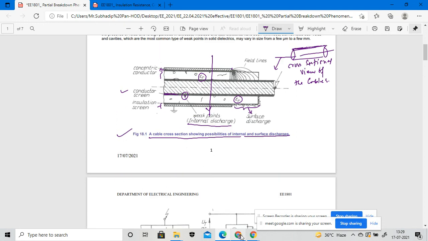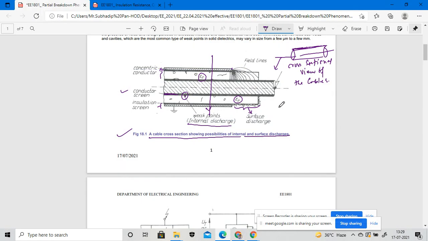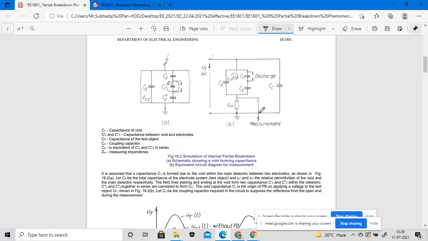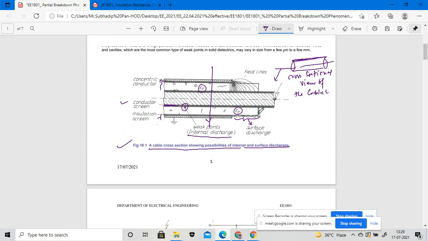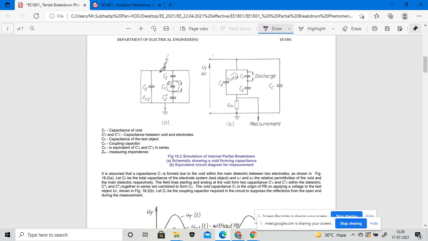Now, in the next figure, we see the simulation of the internal partial discharge. Okay, the schematic diagram for the void forming capacitance, and the equivalent circuit diagram for the measurement.